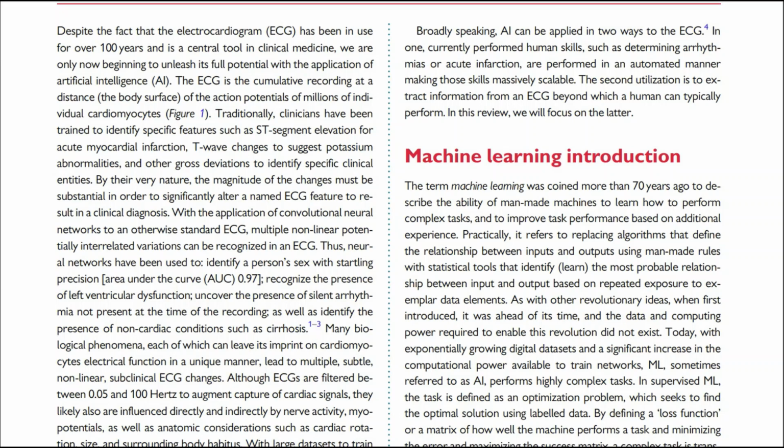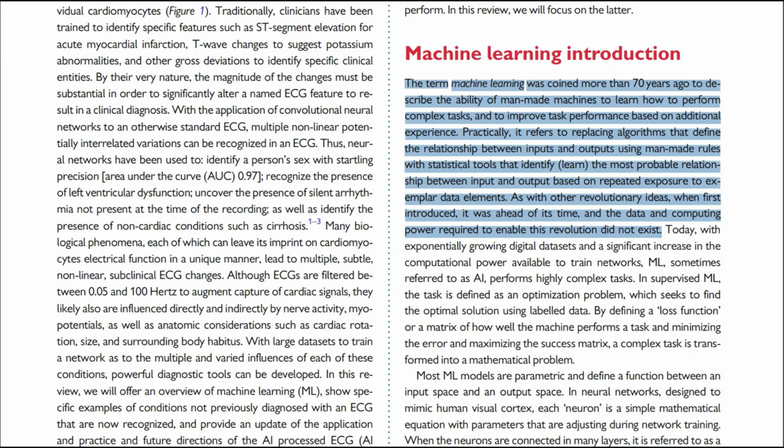Machine learning introduction. The term machine learning was coined more than 70 years ago to describe the ability of man-made machines to learn how to perform complex tasks, and to improve task performance based on additional experience.